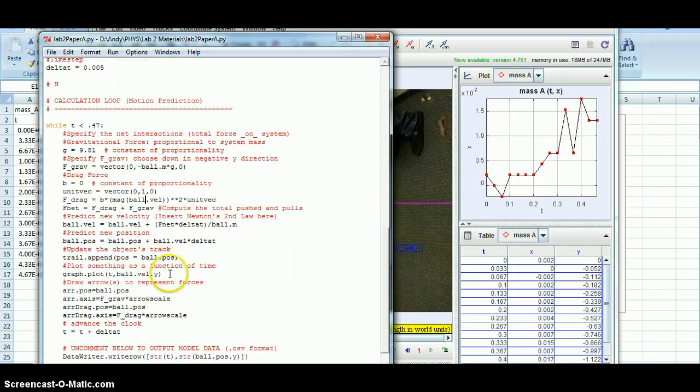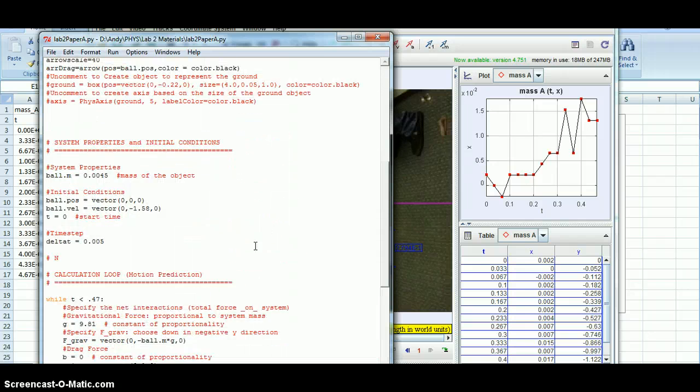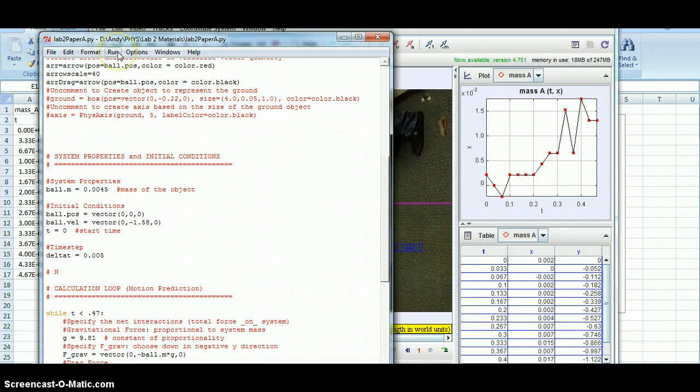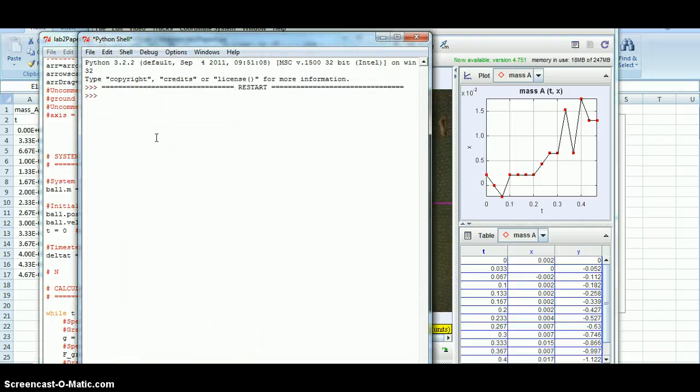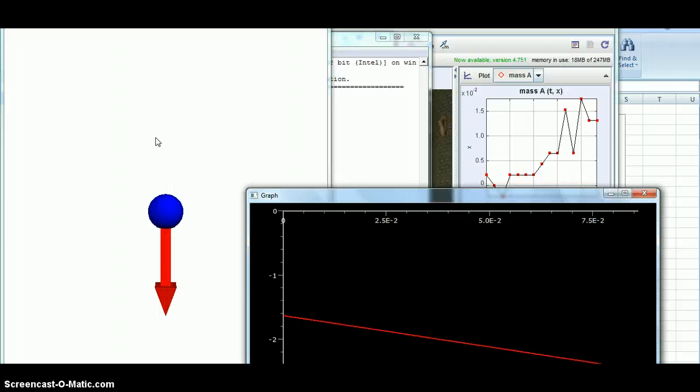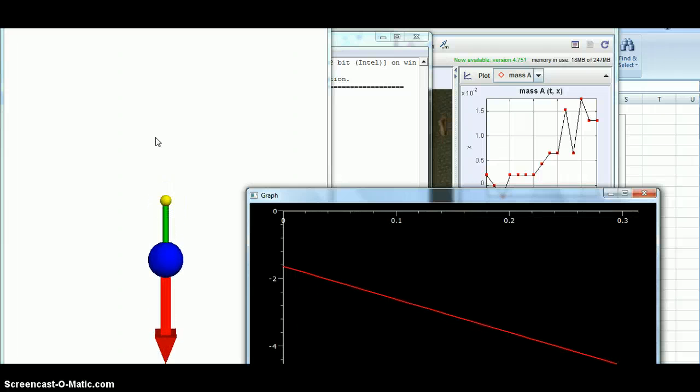I have an arrow here for the force due to gravity, so you can see it as a red arrow when it runs. There it is, it's falling.